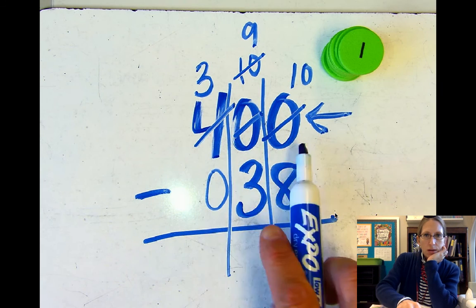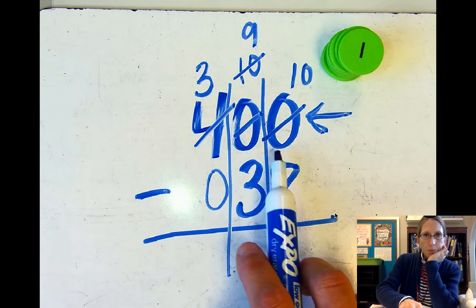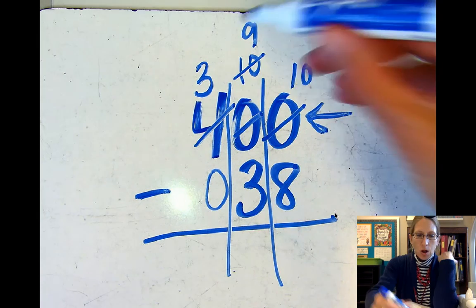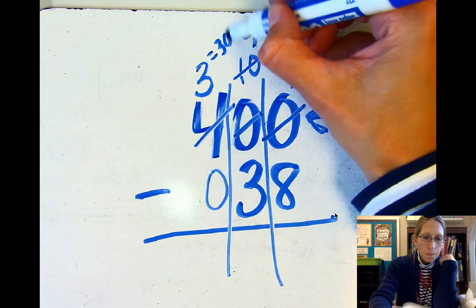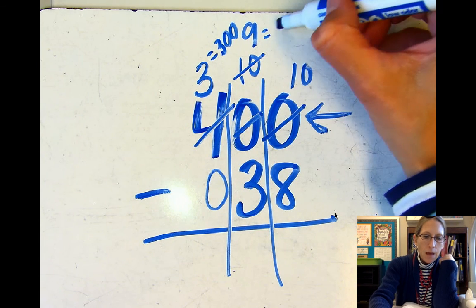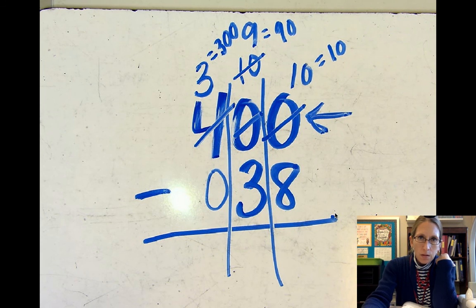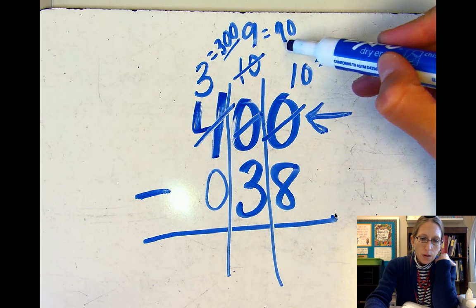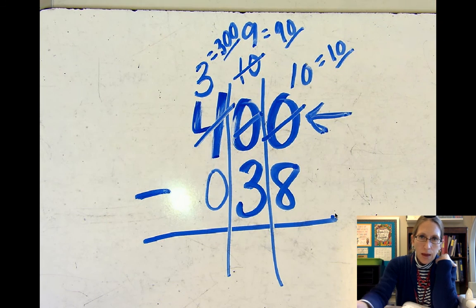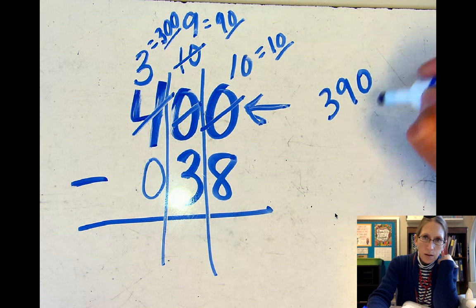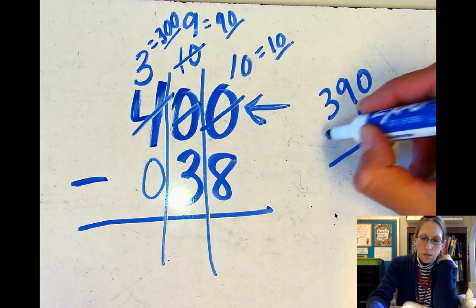Do we still have 400? Well, let's see. This is 300. This 9 means 90, and this 10 means 10. So we have 390 plus 10.